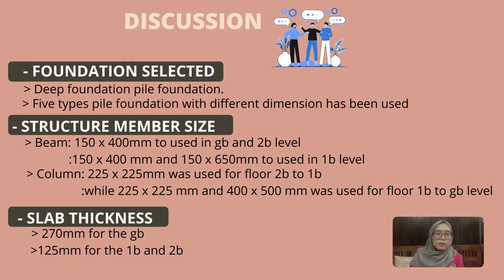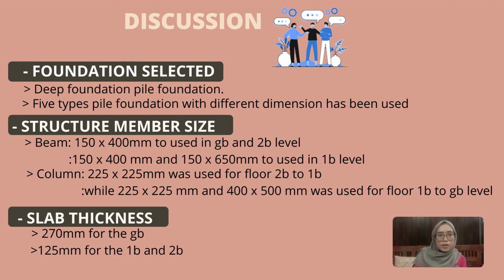So for beam, we proposed 150 x 400 mm to use in GB and 2B level, while at 1B level we use 150 x 400 and 150 x 150 mm beams. Next, two types of column size have been used in this project, which is 225 x 225 mm used for floor 2B to 1B, while 125 x 225 mm and 400 x 500 mm were used for floor 2B, 1B to GB level.